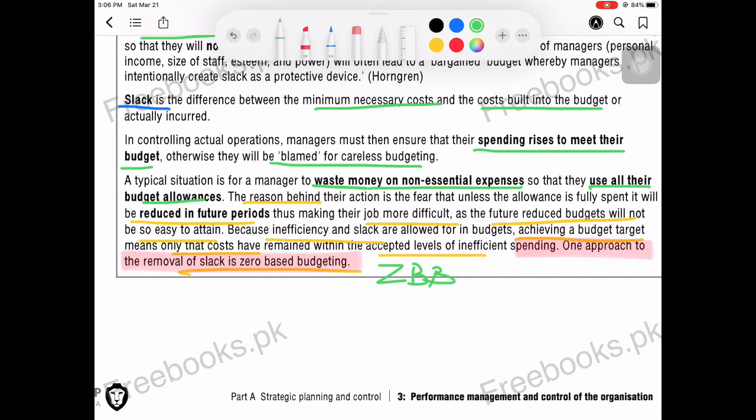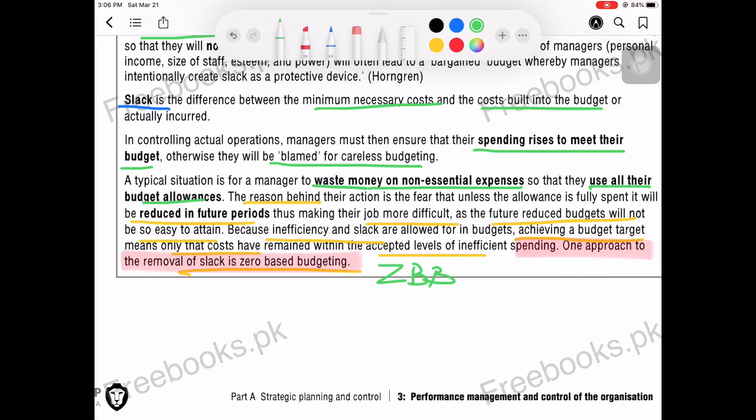Before that, let's just understand this line again. Because inefficiency and slack are allowed in the budgets, achieving a budget target means only that costs have remained within the accepted levels of inefficient spending. That means the slack is actually being spent again on non-essential expenses, so that basically adds on to inefficient spending.